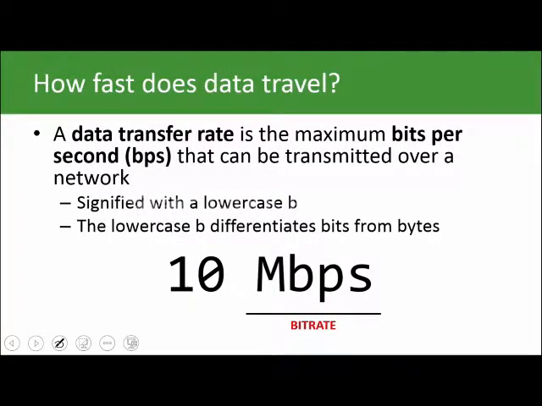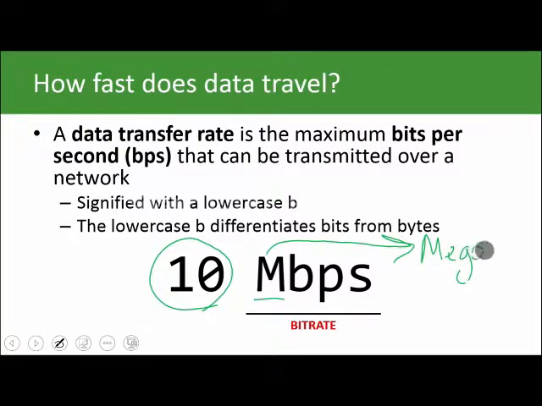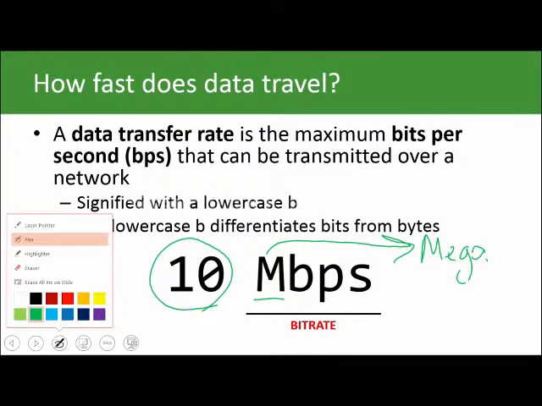The speed that data travels is measured by bits per second, right? That's called its data transfer rate. So we signify this data transfer rate as, we've got the number there, so 10, right? And then M, which in this case stands for mega, right? And then we have a lowercase b.